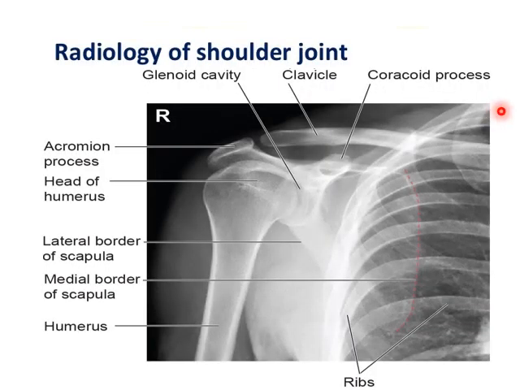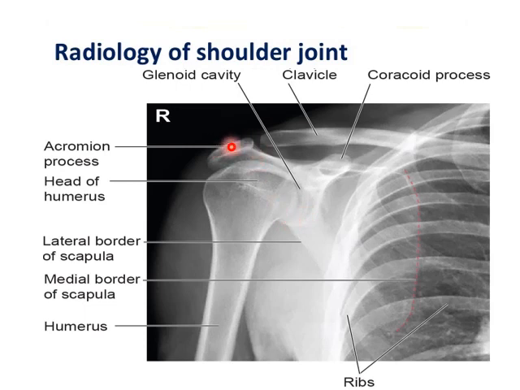Coming to the radiological part of the shoulder joint, how it appears on the skygram. So if you take the chest x-ray or the shoulder joint in proper, we'll be able to see the head of the humerus, a very shallow glenoid fossa.